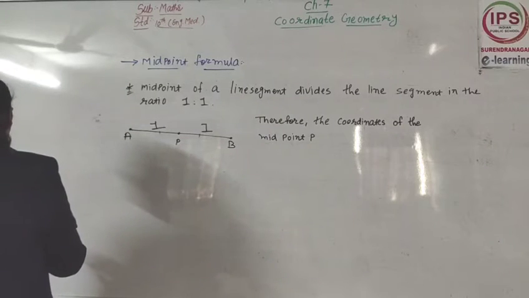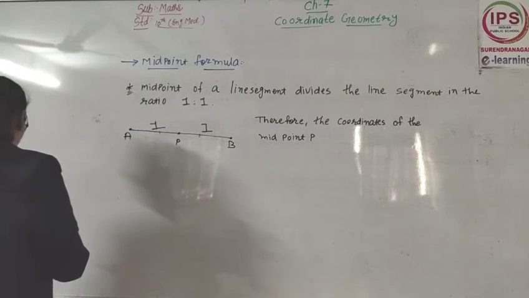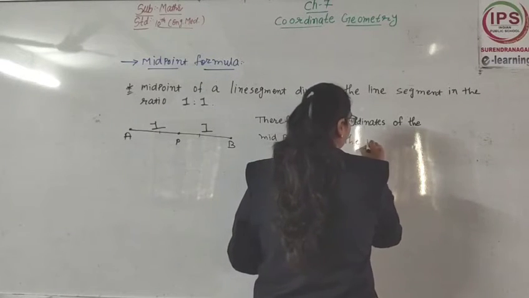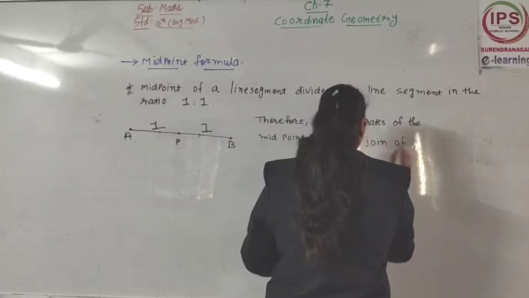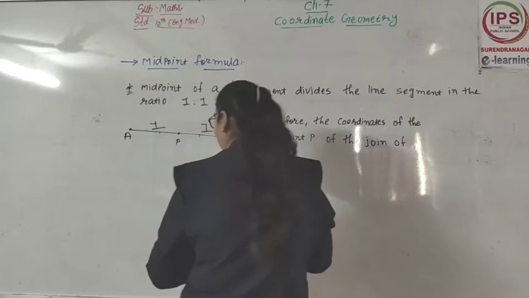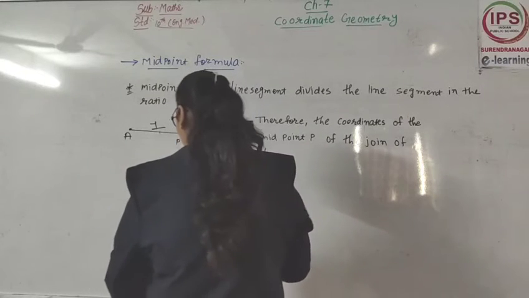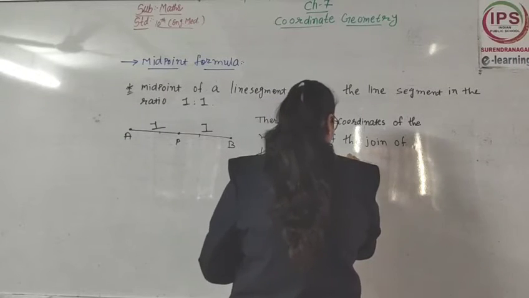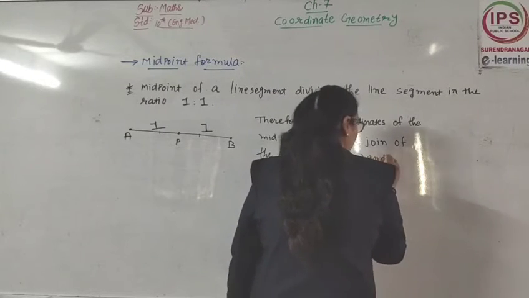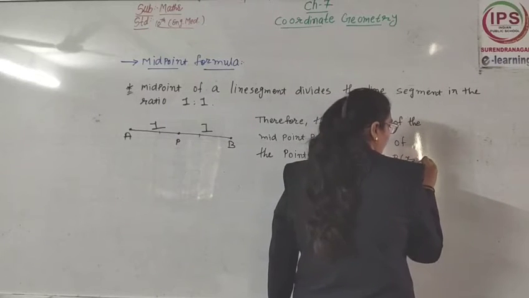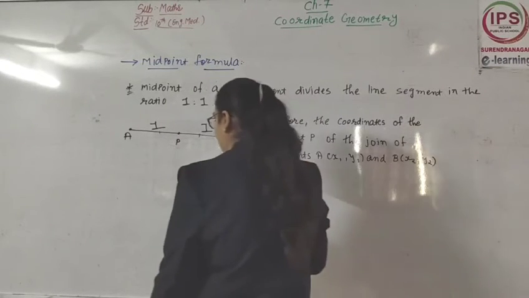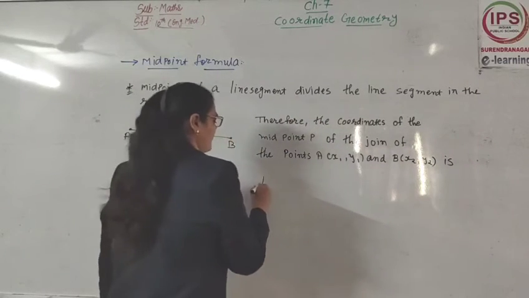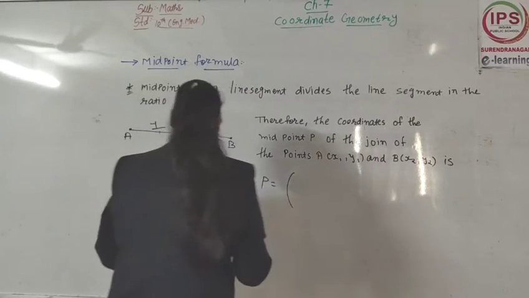Therefore, the coordinates of the midpoint P of the join of the points A(x1, y1) and B(x2, y2). So here we write P is equal to what?